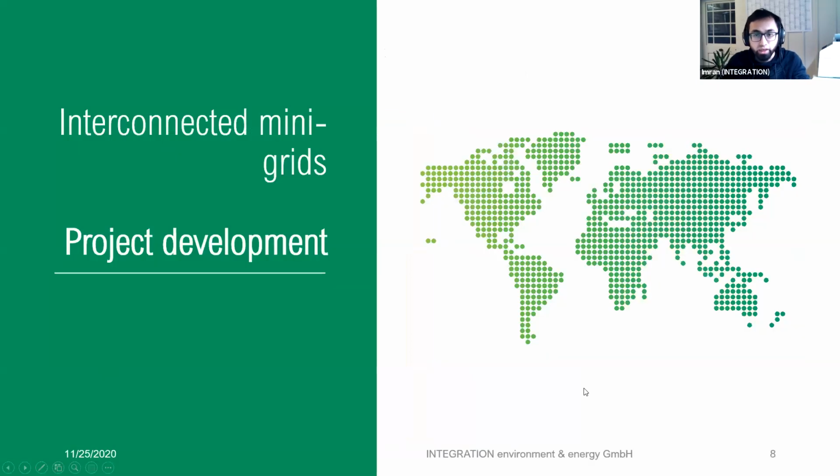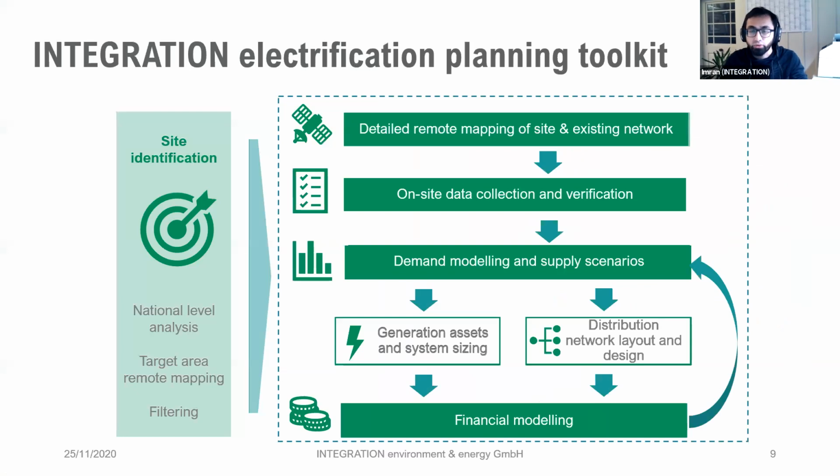Now, I would just like to walk you through a typical project development cycle. What are some of the stages in, let's say, designing and developing an interconnected mini-grid project? At Integration, we are working with our electrification planning toolkit, and this is our concept of how we deal with such systems.